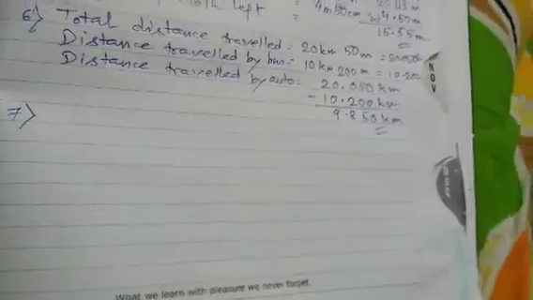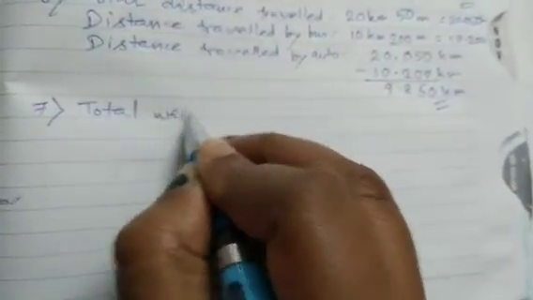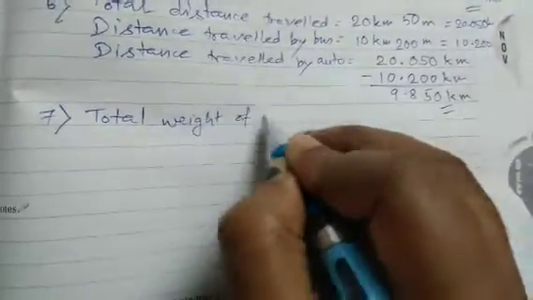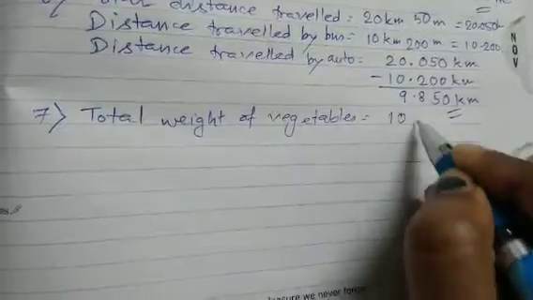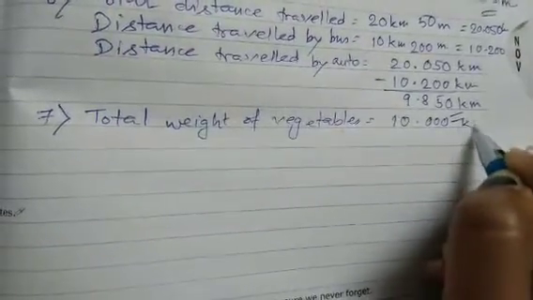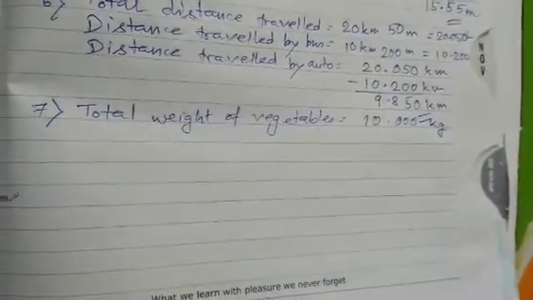Akash is weighing 10 kg. So, total weight of vegetables, I will write 10.000 kg. Okay, next. Out of this, 3 kg 500 grams is onion. So, what is the weight of onion?